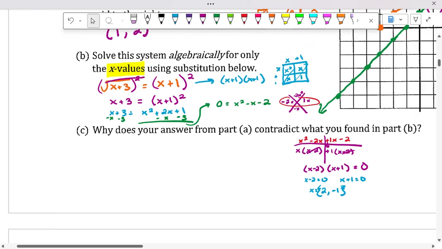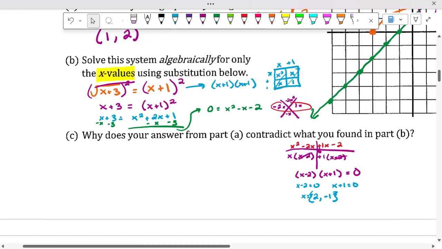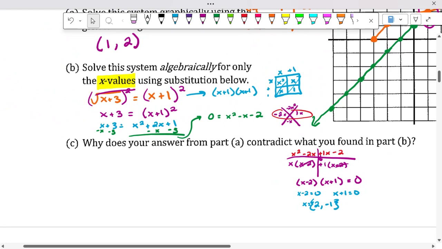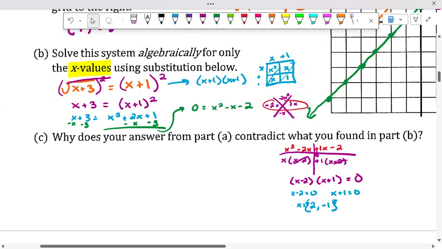Now, hold up. Oh, that should be a positive x. Oh, crap. That's a negative 1.